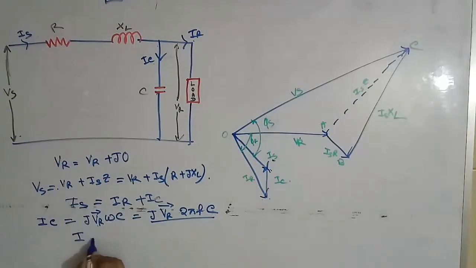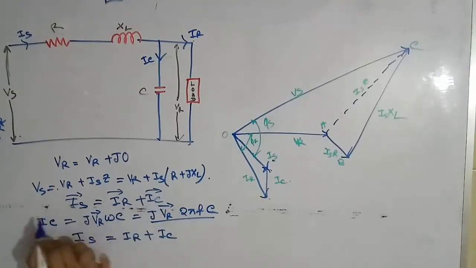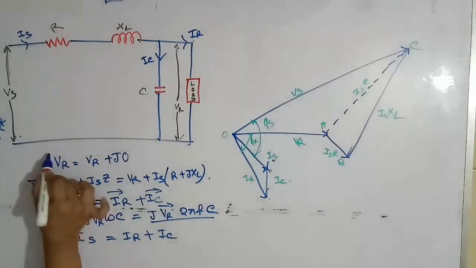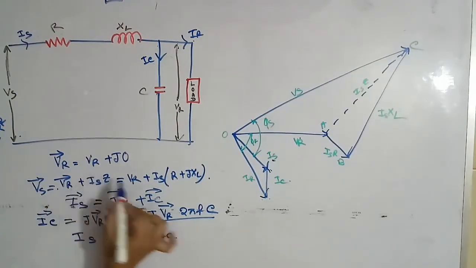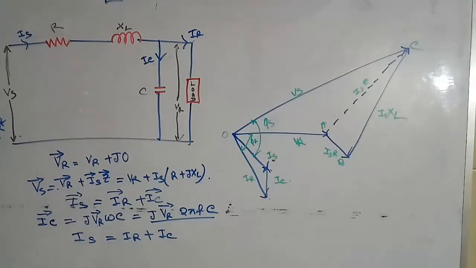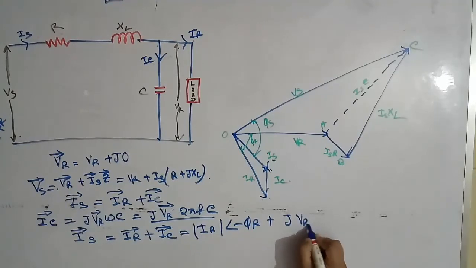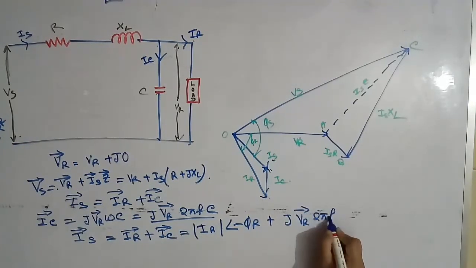Now Is equals IR plus IC. Put the value of IR plus j VR 2 pi fC.